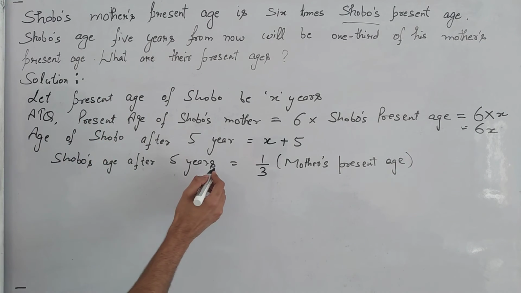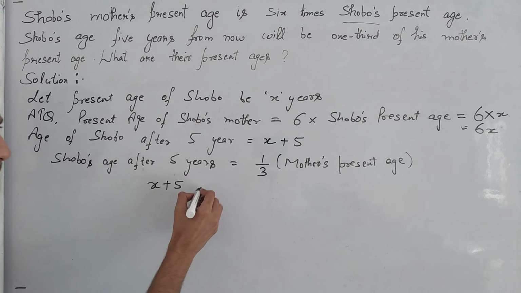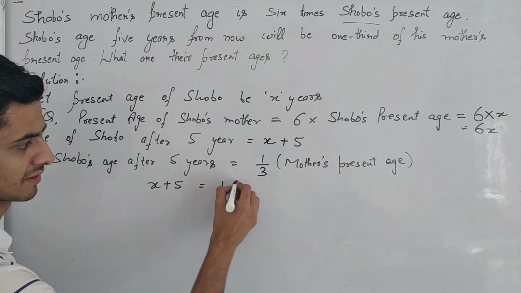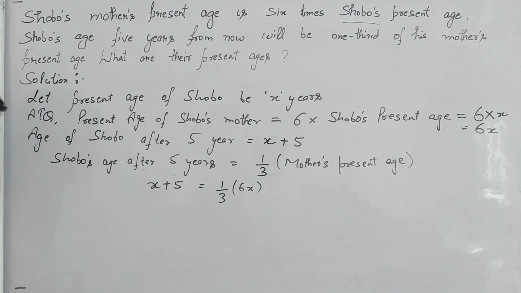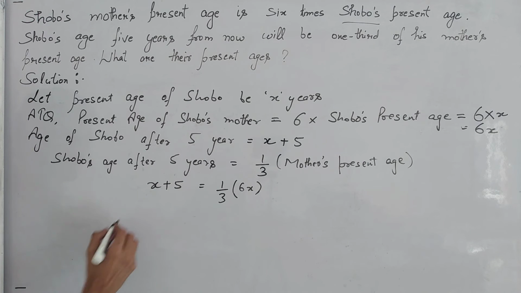Shogo's age after 5 years, we know it is x plus 5. Mother's present age, we know it is 6x. Whether I write this multiplication sign over here or not, it doesn't matter.